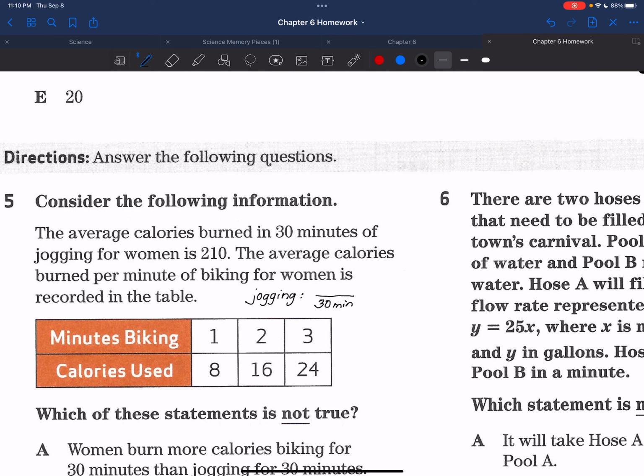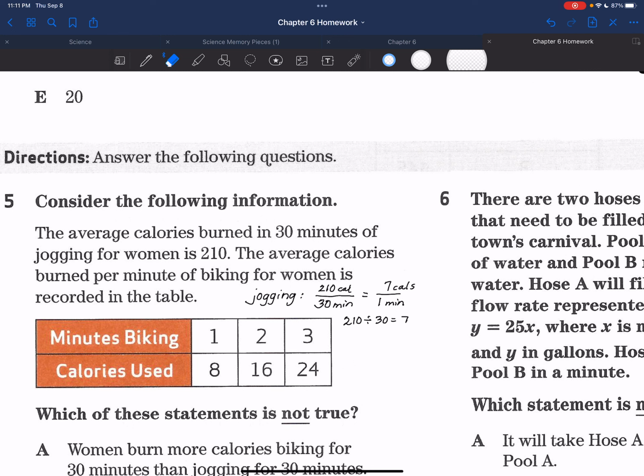Is equal to 210 calories. So I want to know at that same rate what 1 minute of jogging would be. So 210 times 1 is 210. Divided by 30 minutes is 7 calories per minute. I thought 70 was awfully high.